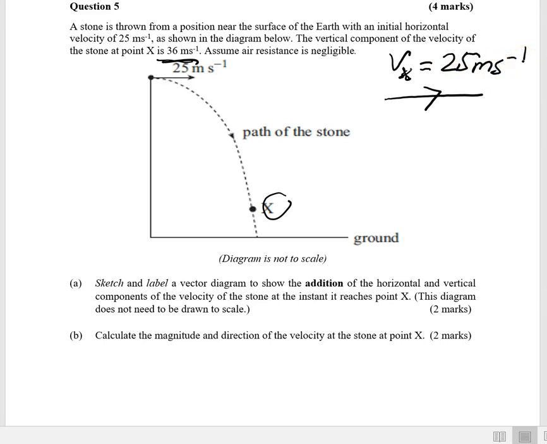At point X, the vertical component is 36 meters per second. If I want to draw it, I do know that the object is falling down, so the direction is down, and I want to draw it longer than the Vx because Vy, value-wise, is larger. So it's 36 meters per second. This is what you should draw.